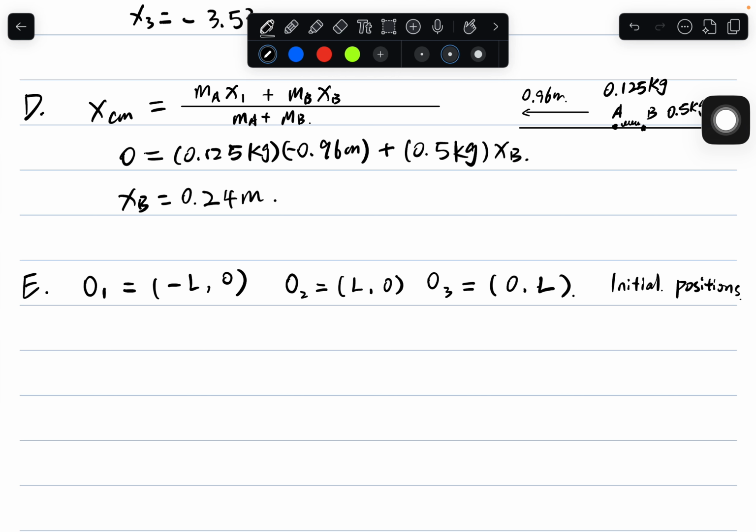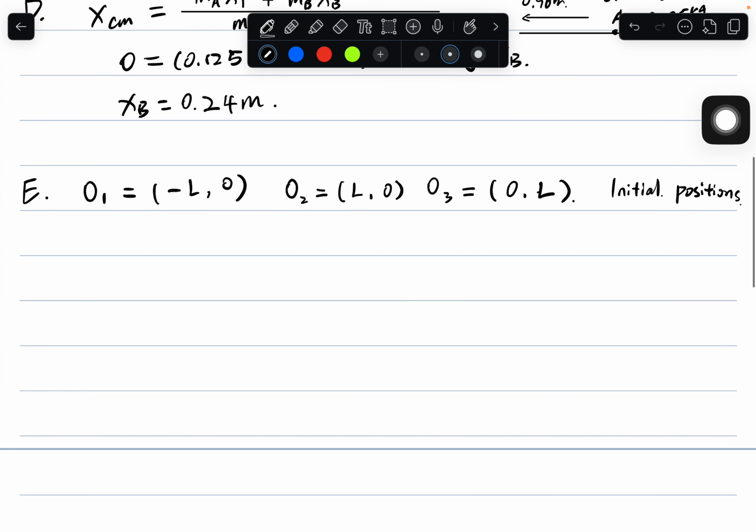And we can calculate the initial center of mass position.